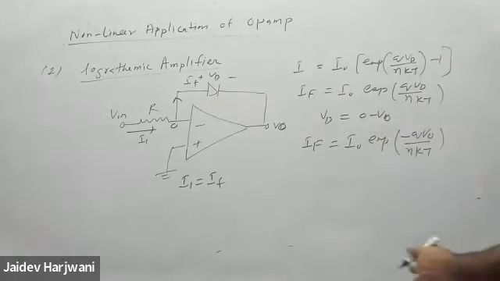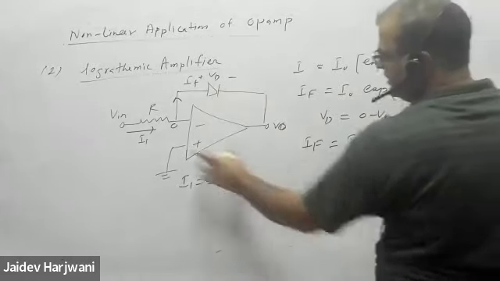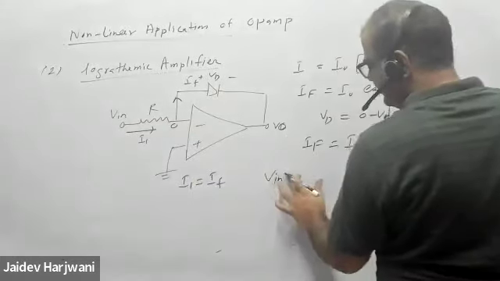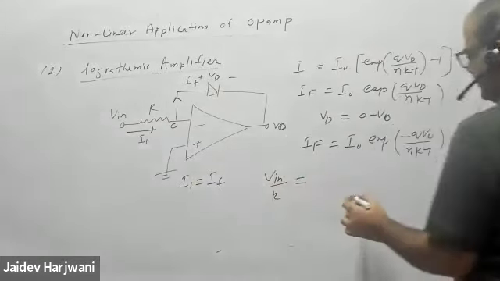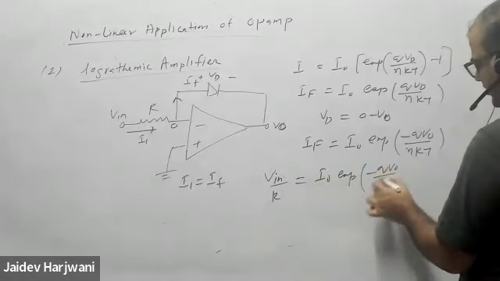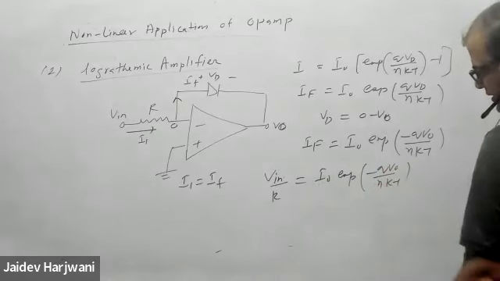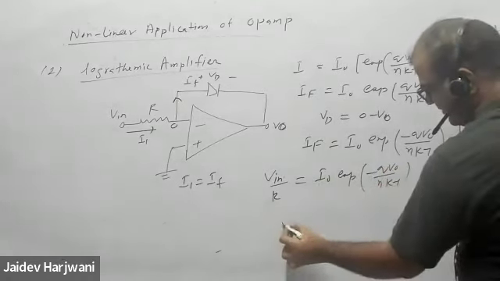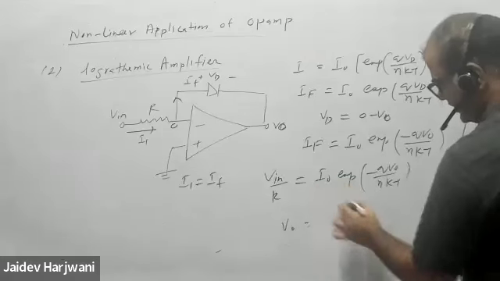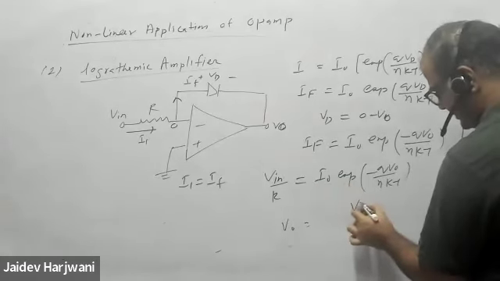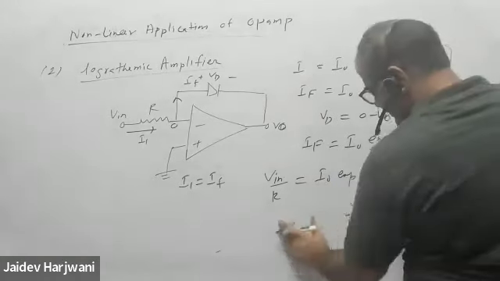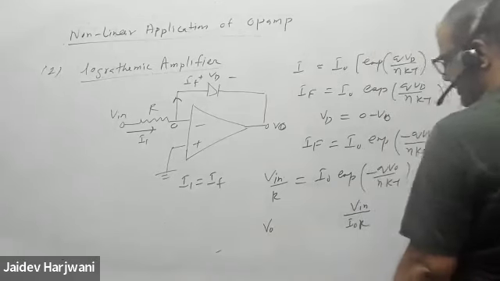Now what becomes? You have I1. I1 is V input minus 0 by R, and that will be equal to I naught exponential minus QV naught by eta kT. So my V naught will become now V input, divided by I naught R. Okay.